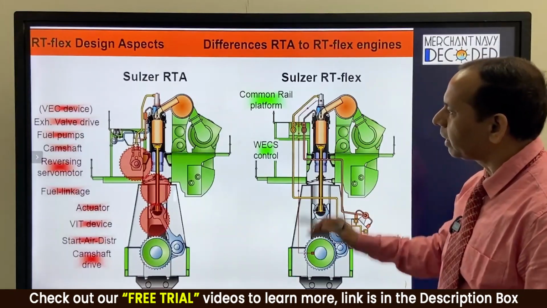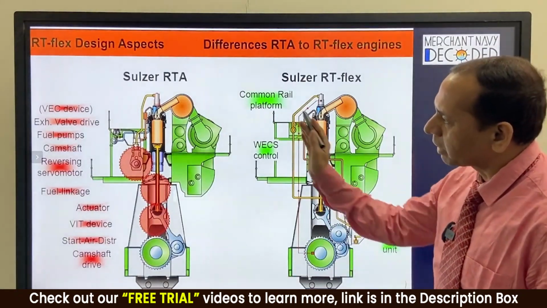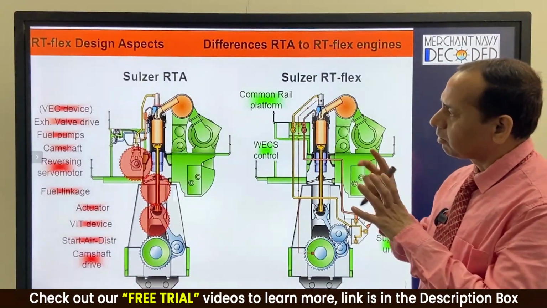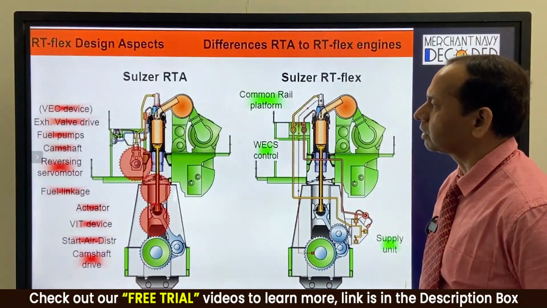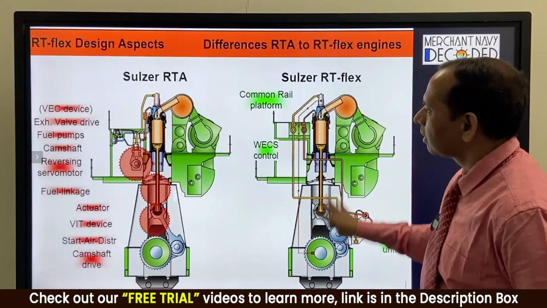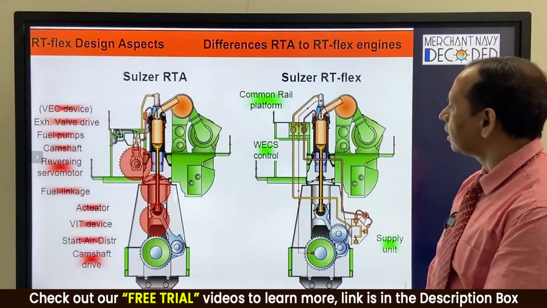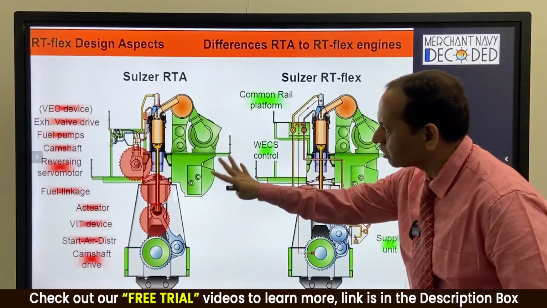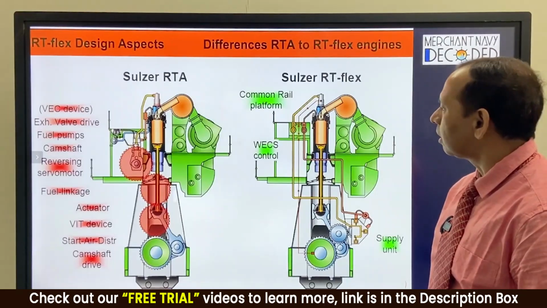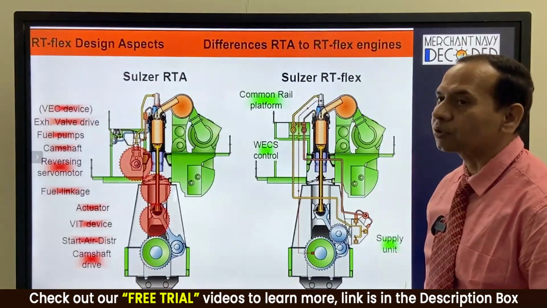That was the first main change, because in a mechanical engine all the actuations and the timing were controlled by the camshaft and cam, and here this is a completely obsolete part, and all this mechanism which was controlled in an RTA engine through cam and camshaft is now controlled electronically.